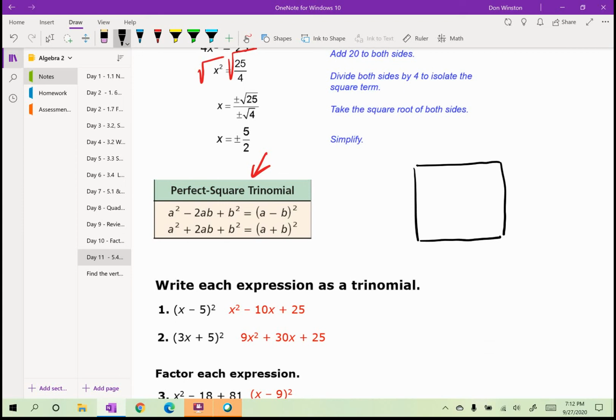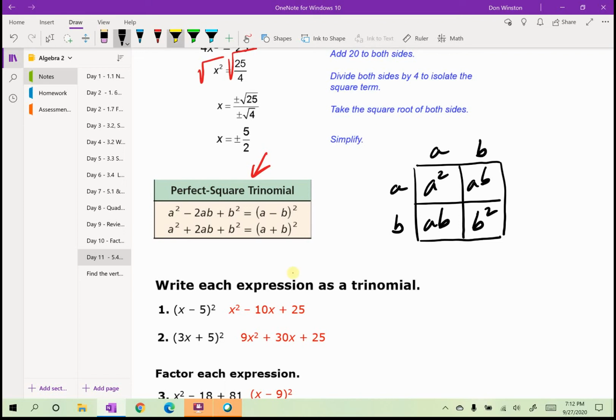We know a square has equal sides, right? So if I have that's a, and this is b, and that's b, and let's say this is positive. If I find the area of each of those four squares, a times a is a squared, a times b is ab, b times a is ab, and b times b is b squared.